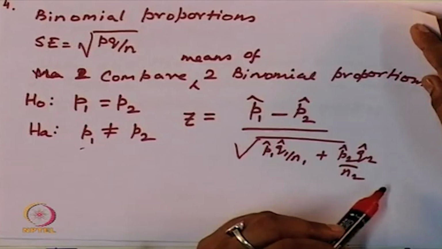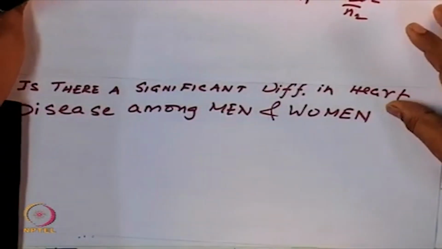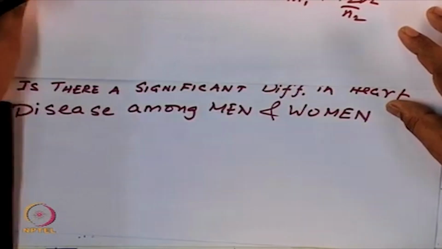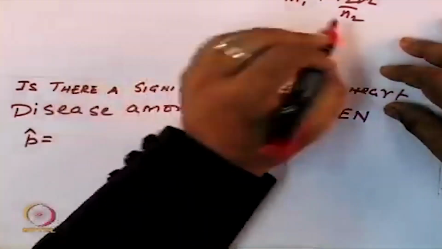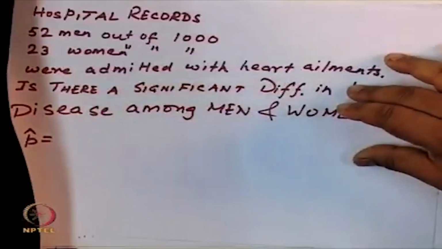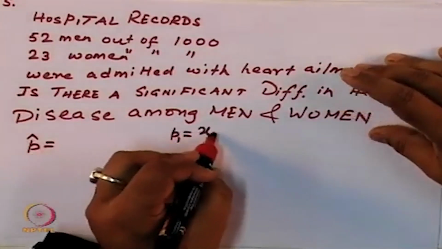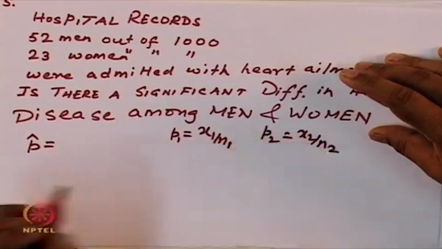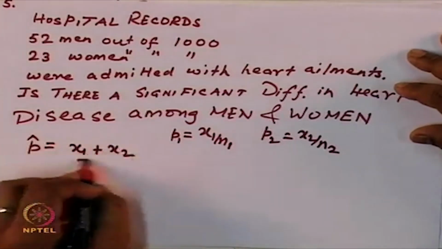However, we do not know what value of P to put for two different populations. So, what we can do is estimate P hat as an average. You can have P1 as x1 by n1 and P2 as x2 by n2. You can put in the value of P hat as x1 plus x2 by n1 plus n2.